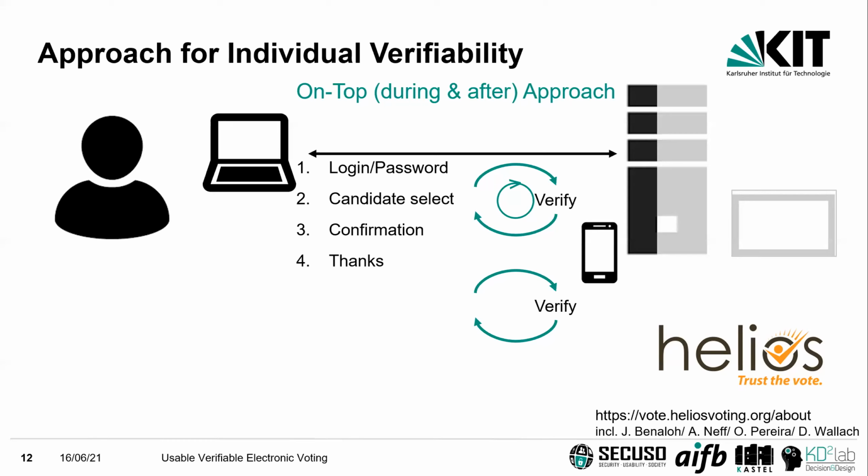So you could just cast your vote and just trust the system and be happy about the result. But if you want to verify, there's on the one hand something you should do during vote casting, and I will come back to this later on. Ideally, you do it more than once. This is for cast as intended, and if you want to go for stored as cast, you also need to verify afterwards, like after you have cast your vote.